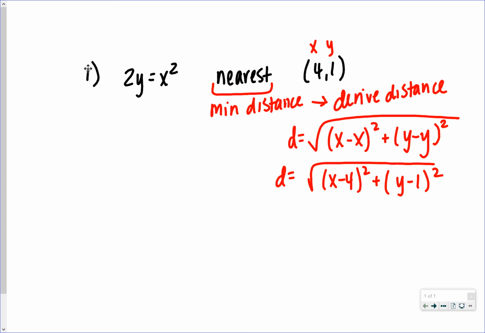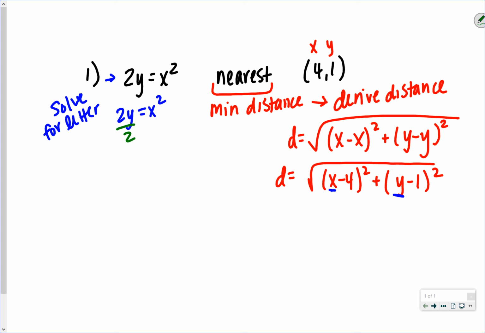I can't derive just yet because I still have x and y. That's where this equation comes into place. Solve it for a letter. I'm going to solve it for y, which is the easier one to solve for.